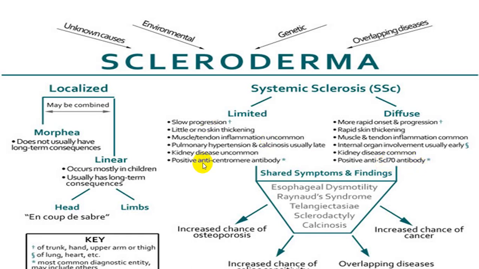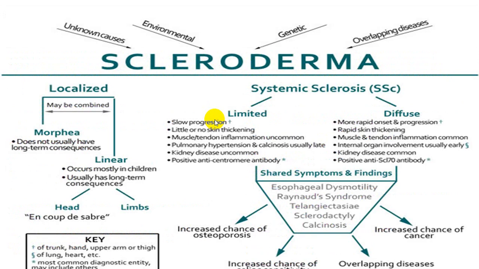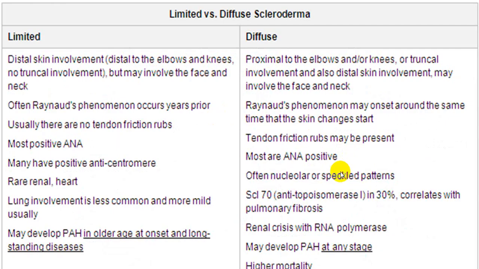While here, anti-centromere antibody may be positive in 40% of the people. This is positive in almost 70 to 90% of the people. So we have already given a difference between limited and diffuse variety here. We have already given. This is a little bit in more detail.